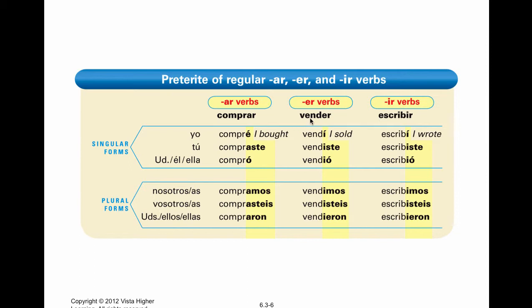With ER and IR verbs, we get kind of a 2-for-1 scenario here, which definitely helps in memorizing. So what we have here is we're going to simply drop off the ER or the IR and we'll replace it with í, iste, ió, imos, ieron. Okay, so pretty simple. We know with regular ER and IR verbs, again, we drop off the ER or the IR and we simply insert í, iste, ió, imos, or ieron.